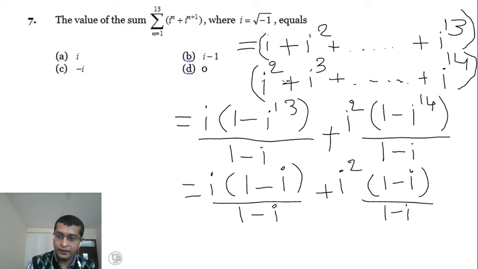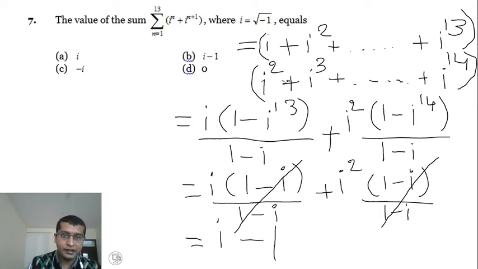So here 1 minus i from numerator and denominator cancels, here also it cancels, so we are left with i plus i square. So I write i as it is, i square is minus 1, so plus into minus, minus 1, so the correct answer is i minus 1, therefore option B is the right answer.